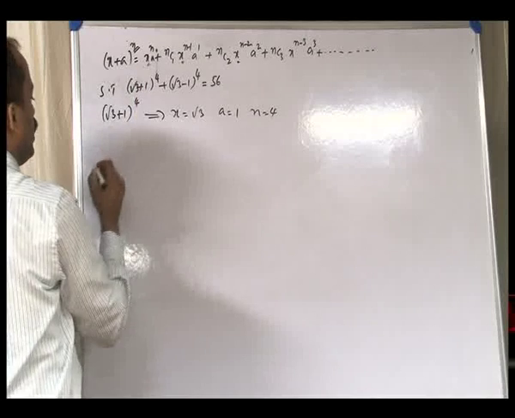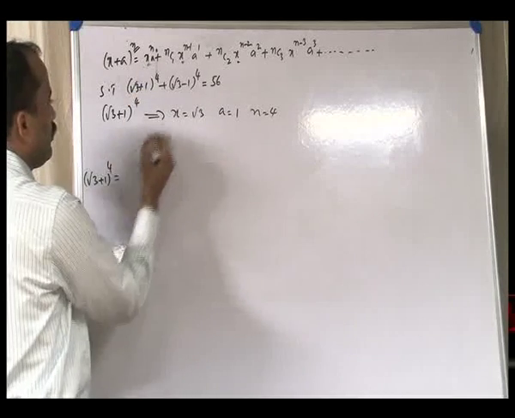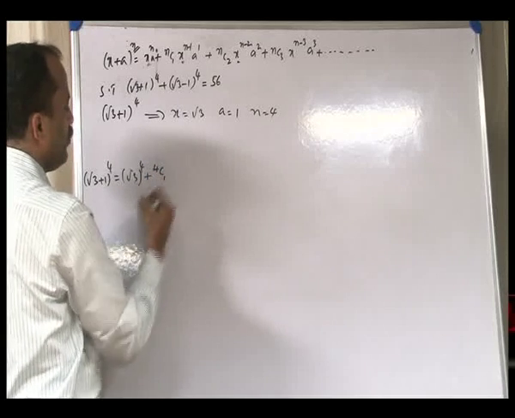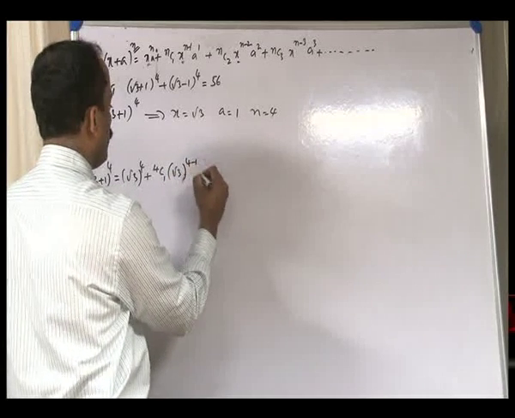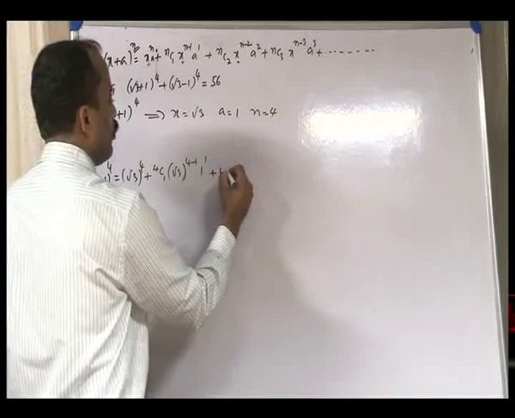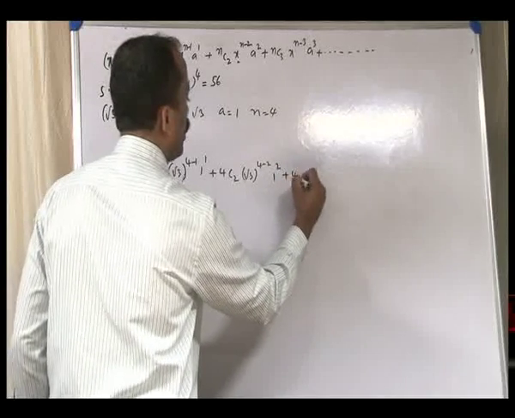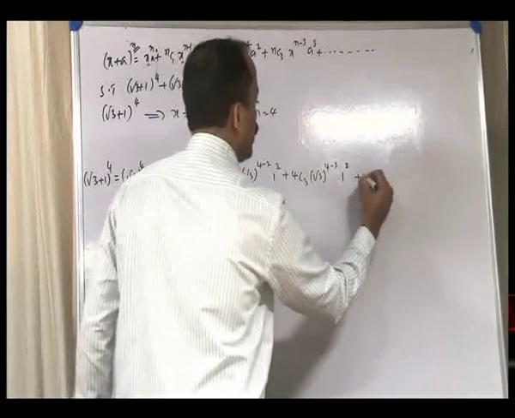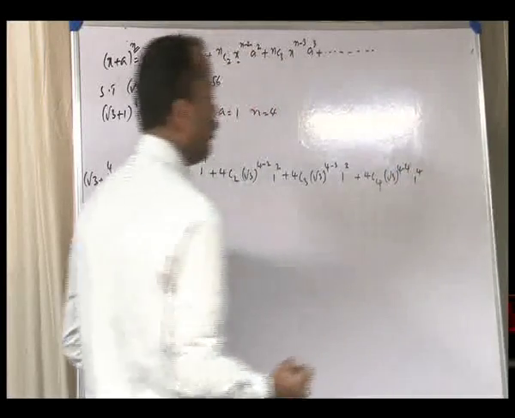Let us expand now according to the binomial expansion. (√3 + 1)^4 is equal to (√3)^4 plus 4C1 into (√3)^(4−1) into 1 to the power of 1, plus 4C2 into (√3)^(4−2) into 1 to the power of 2, plus 4C3 into (√3)^(4−3) into 1 to the power of 3, plus 4C4 into (√3)^(4−4) into 1 to the power of 4.